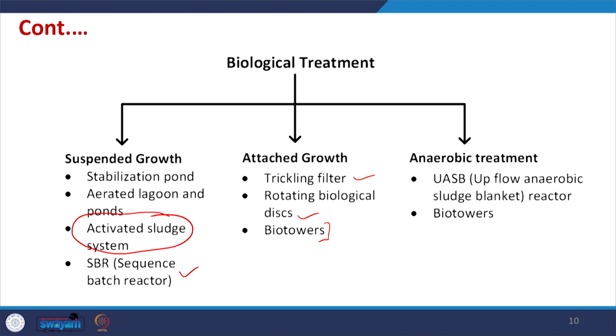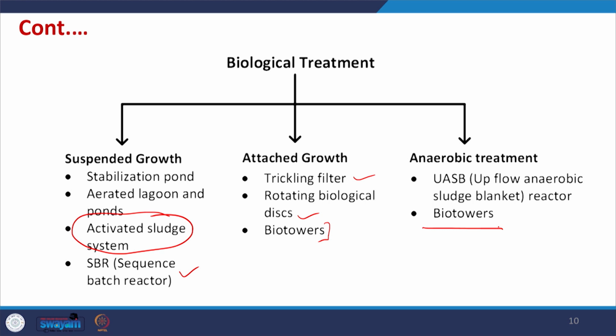Then we have specific anaerobic treatment methods which include the USB reactor, which is the upflow anaerobic sludge blanket reactor, and it is a very common reactor which is used for anaerobic treatment. We have biotowers also which can be used.